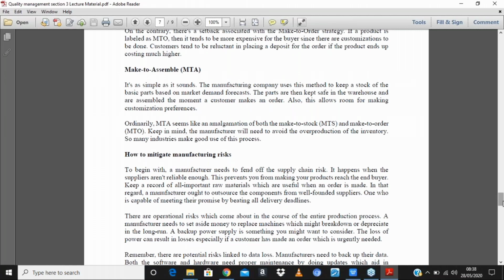So it's a method used to keep stock of basic parts, based on the fact that in forecasting, you know that this thing will be required. So you make it and you just keep it. Then you assemble in a warehouse, or as the case may be, when it's needed.